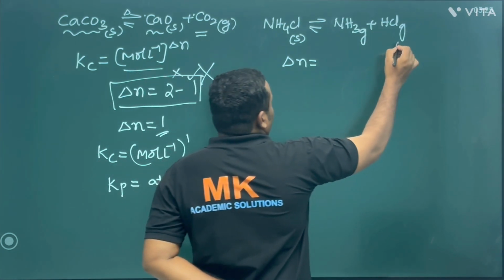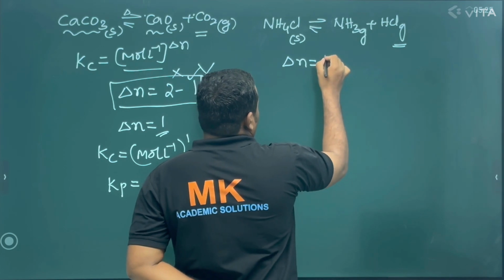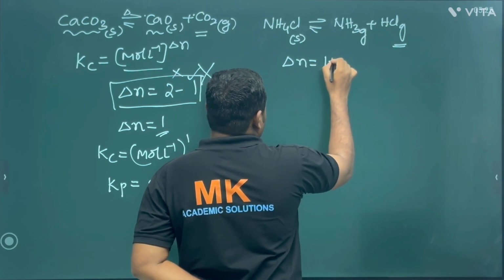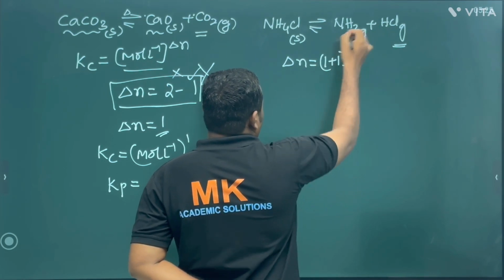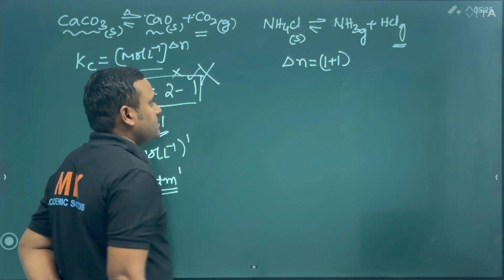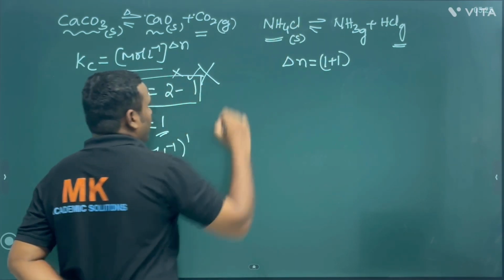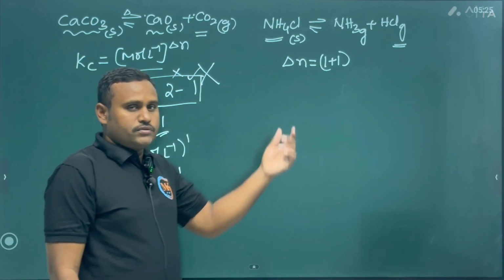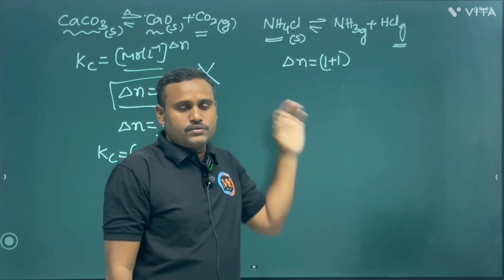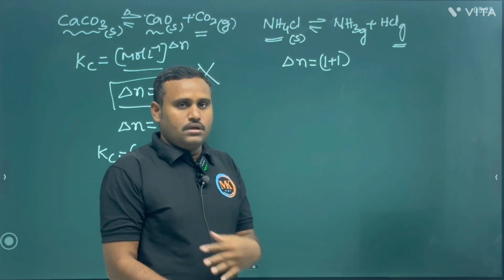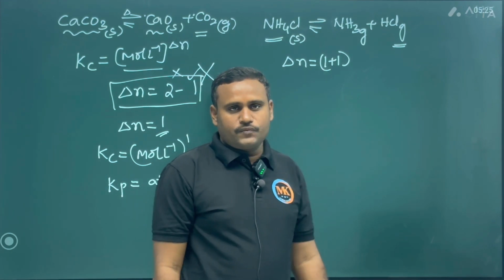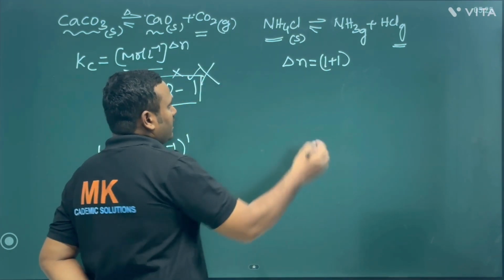Now here, 1 and here 1 plus 1. This is the number of moles of products and this is the number of moles of reactants. So should we consider NH4Cl or not? We should not consider NH4Cl. Why should we not consider NH4Cl?